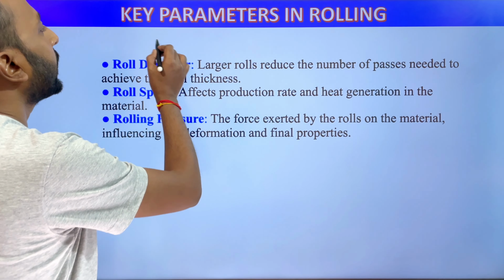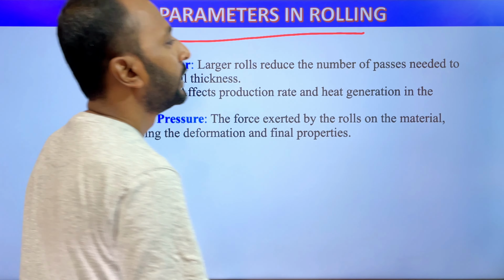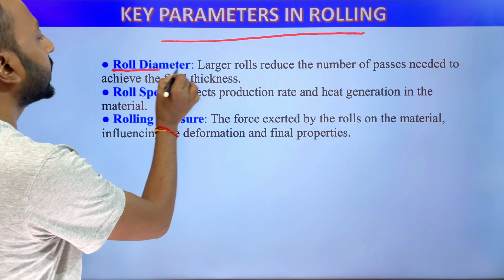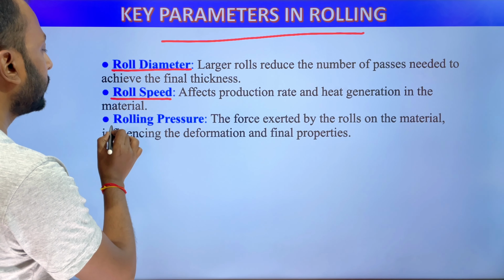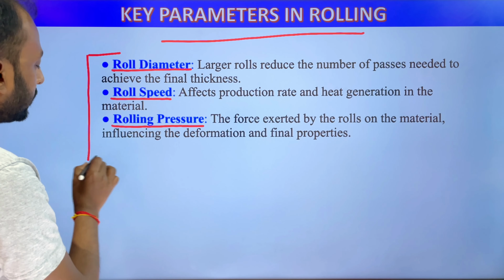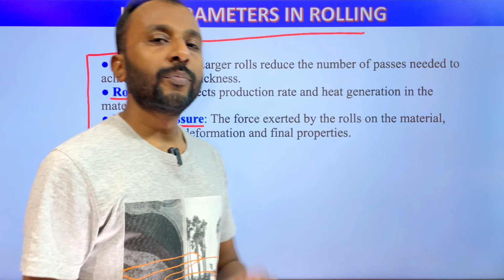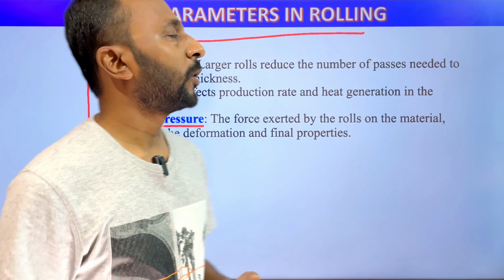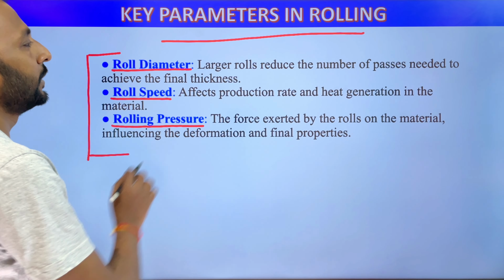Next are the key parameters of rolling. The main key parameters are roll diameter, roll speed and rolling pressure. These three key parameters control the product and the quality of its surface finish. First is roll diameter.